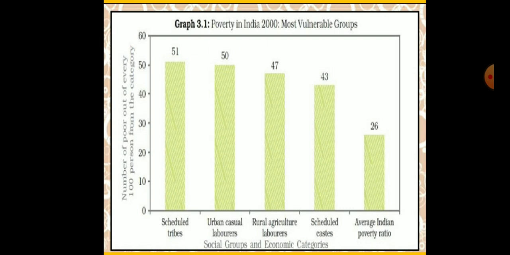So these people also have more chances to become poor, and the same for scheduled caste. And after that we have the average Indian poverty ratio, 26. So here we know who have a greater chance to become poor.